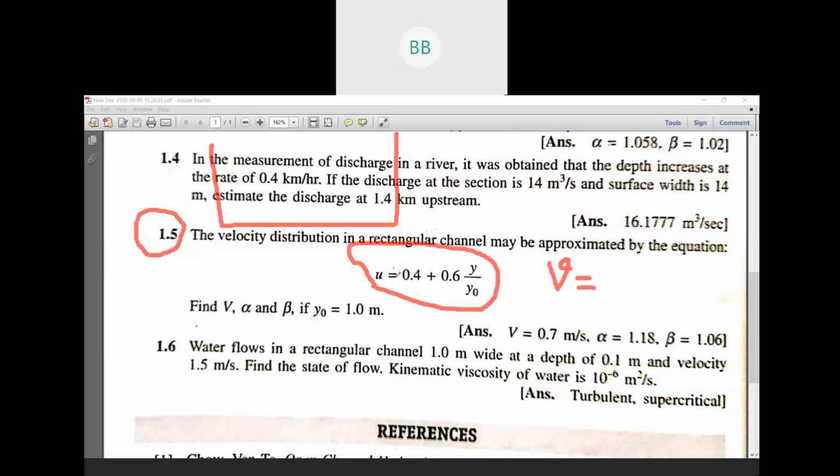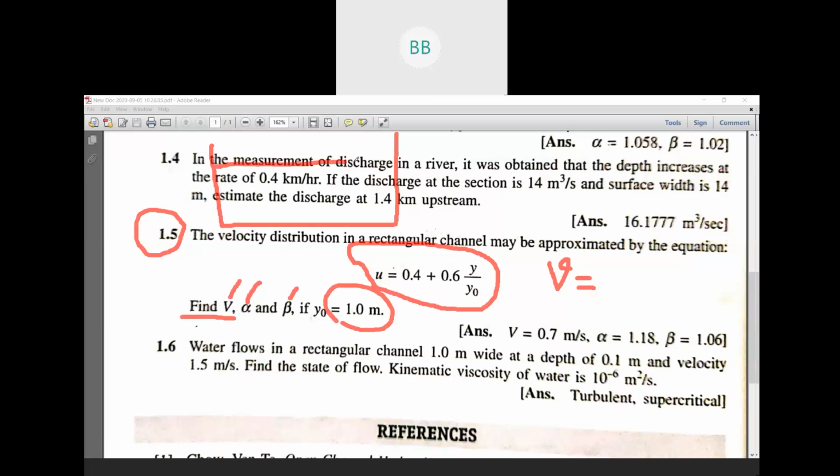For small v you have that expression, that is 0.4 plus 0.6 y by y naught. What we need to find: the average velocity, the energy coefficient and the momentum coefficient, if y naught is 1 meter.